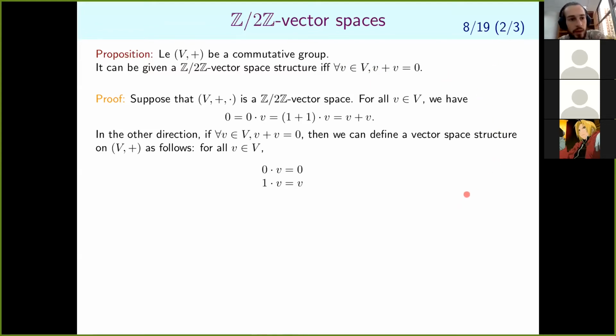I won't read the proof, but basically the theory of vector spaces over Z over 2Z is very simple. When your group satisfies this condition, then you can define a Z over 2Z vector space structure on it, and moreover, it is unique.